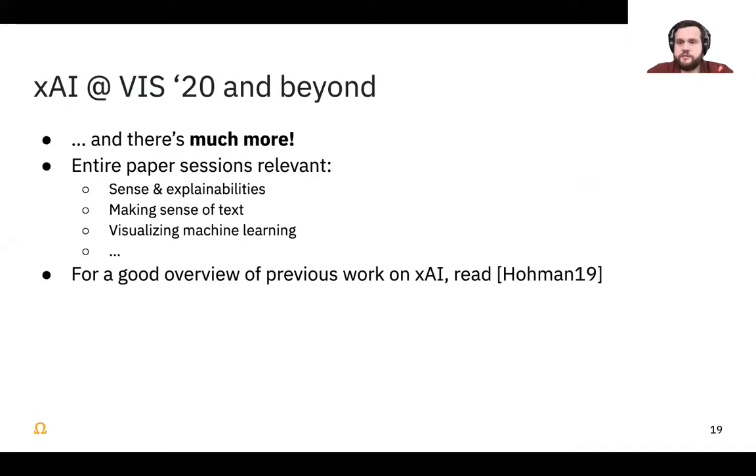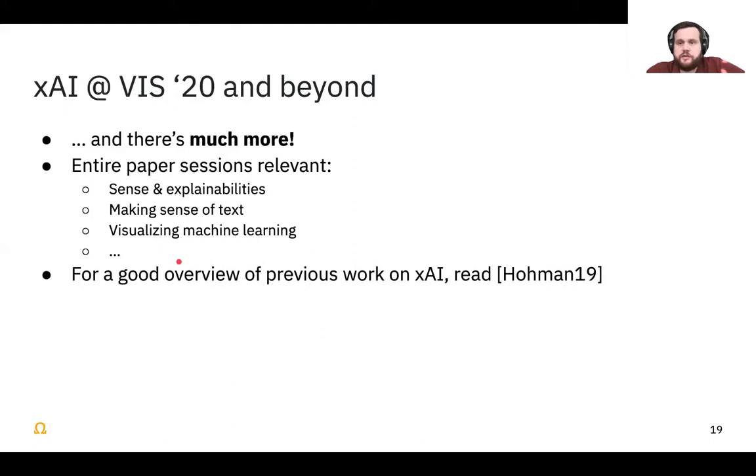Those have been just a couple of examples. There's much more. If you are interested in XAI and would like to see all the XAI papers, there are entire paper sessions relevant to XAI. If you go to the conference link, the session Sense and Explainabilities is pretty much all XAI, making sense of text, visualizing machine learning, and there might be more.